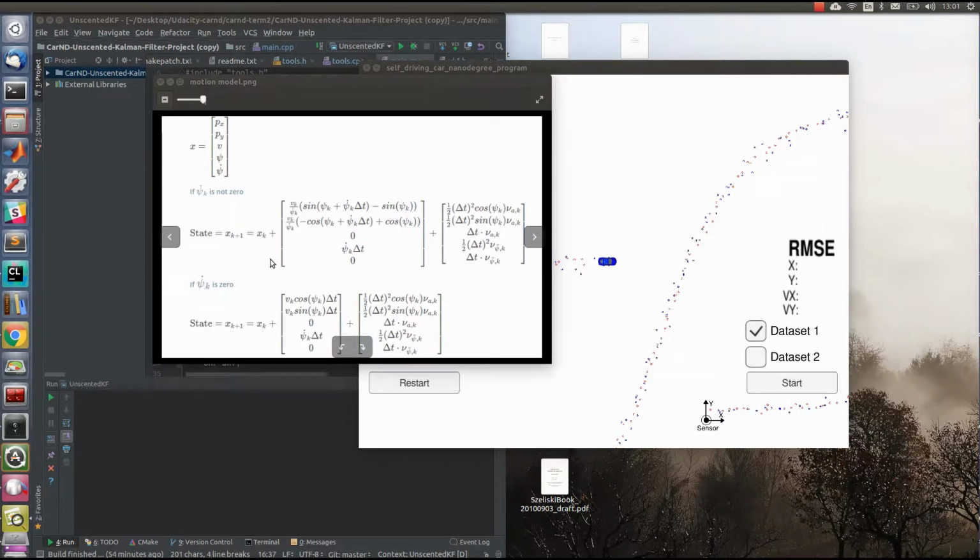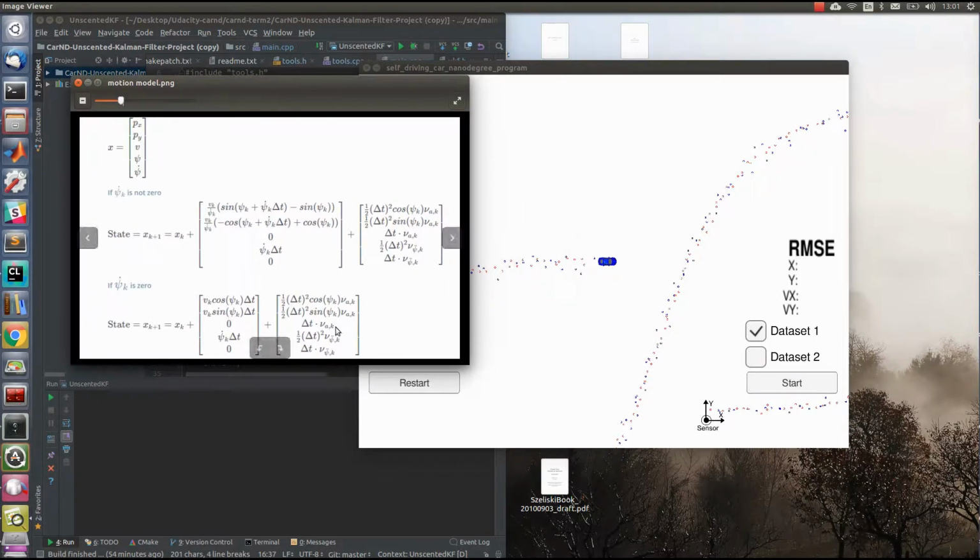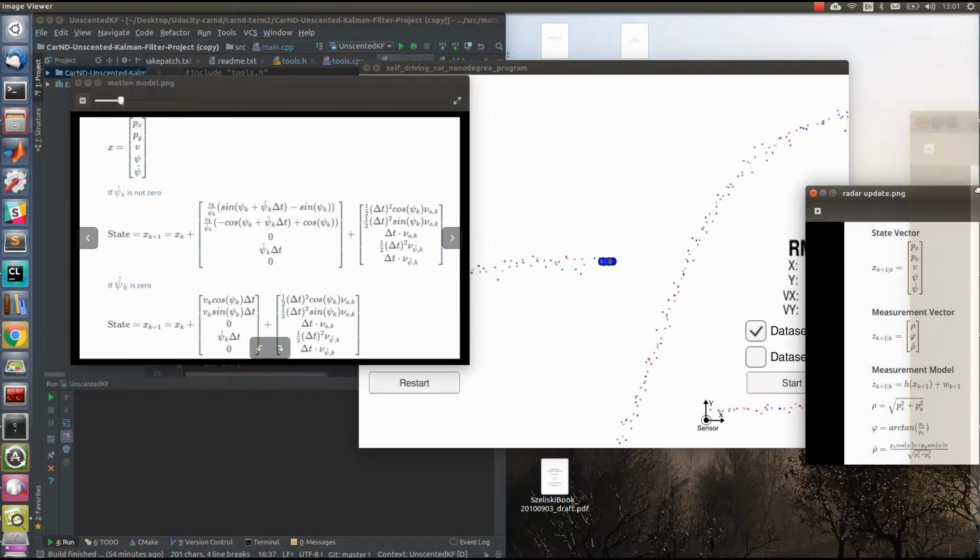If we have a straight line motion, we will deal with it as ordinary straight line motion without any rotation, and we will use motion equations in order to estimate the transitional state vector. Okay, so this is for prediction.